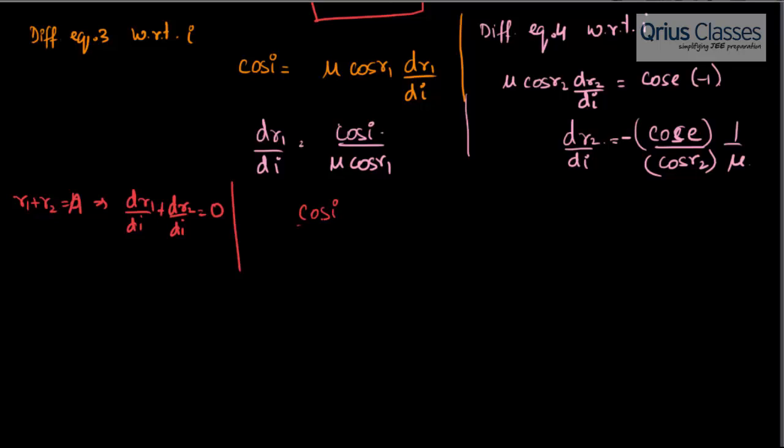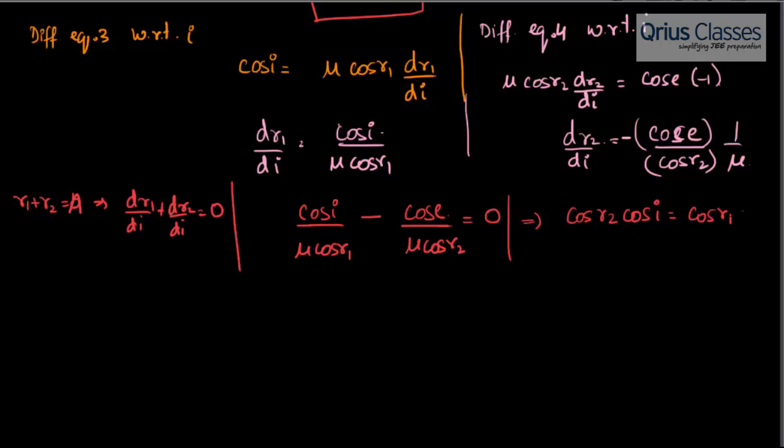So cos I by mu cos of R1 minus cos of E by mu cos R2 must be 0, right? Essentially giving us that cos of R2 into cos of I must be equal to cos of R1 into cos of E.